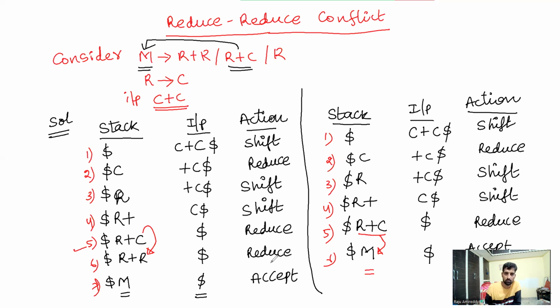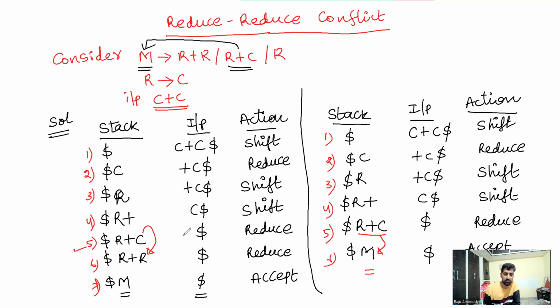So both parsings will be accepted. Both formats will be accepted. But in the fifth line, C will be converted to R. Here R plus C is converted to M. Here we are taking C reduced as R. But here R plus C is taken as M.